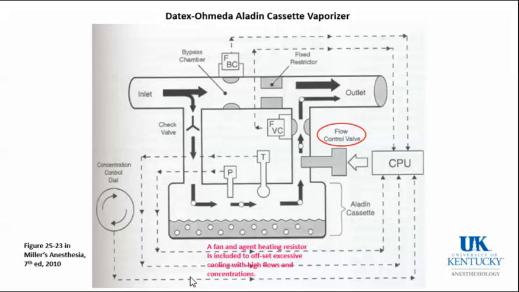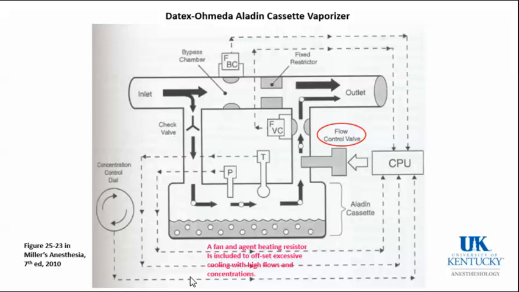Now, what's unique is there are separate cassettes for each vapor. So there's one for sevoflurane, one for isoflurane, and one for Desflurane. And the other feature of it is it's controlled by a computer. So when you plug the cassette in, it tells the machine what agent you have.